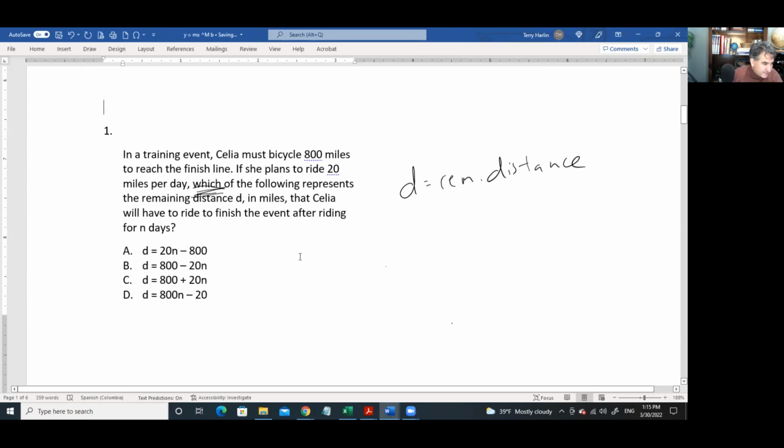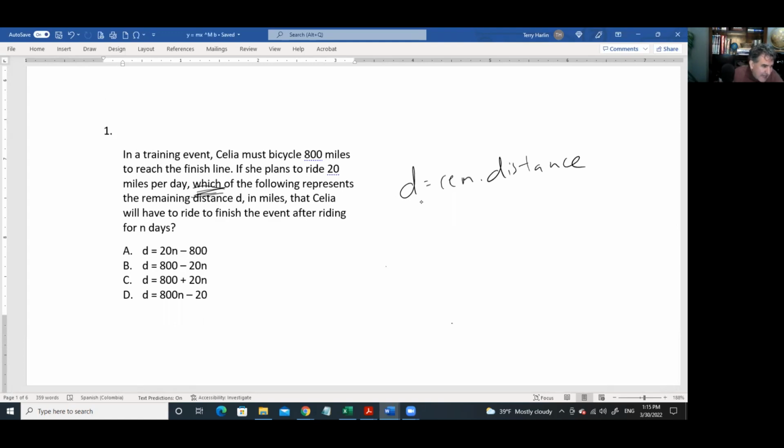There we go. We can see that all the answer choices are in terms of D equals something. Now, sometimes on harder problems, they're going to be mixed around. So if we're looking for something that represents the remaining distance, then likely you're going to want D equals something. That's not always the case, not 100% of the time, but that's usually the case.